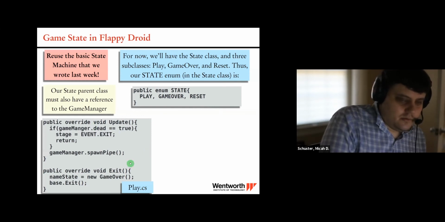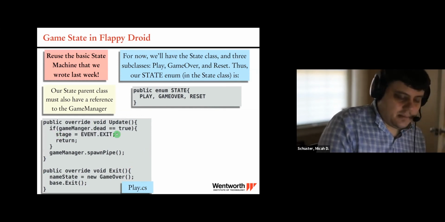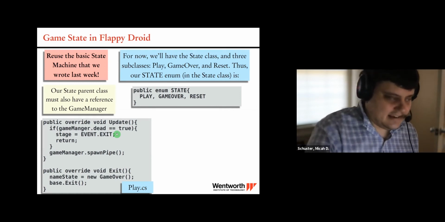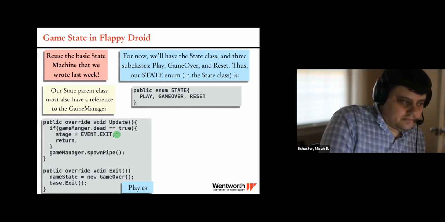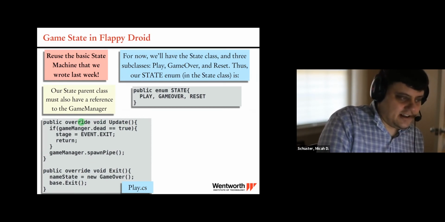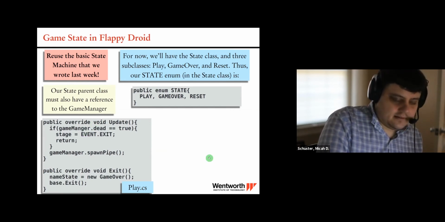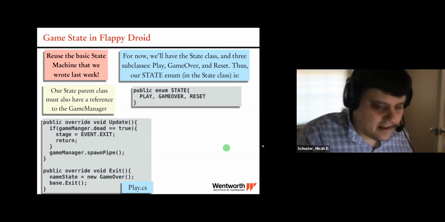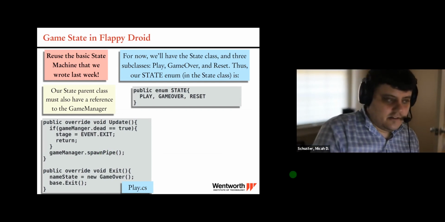If dead is true, then we know we need to exit the play mode, exit our play state. And that's all I have to do. Unless you want to add a little bit more, this is almost the entirety of the play state right there, because it's the stuff we have in update. So back to our code.